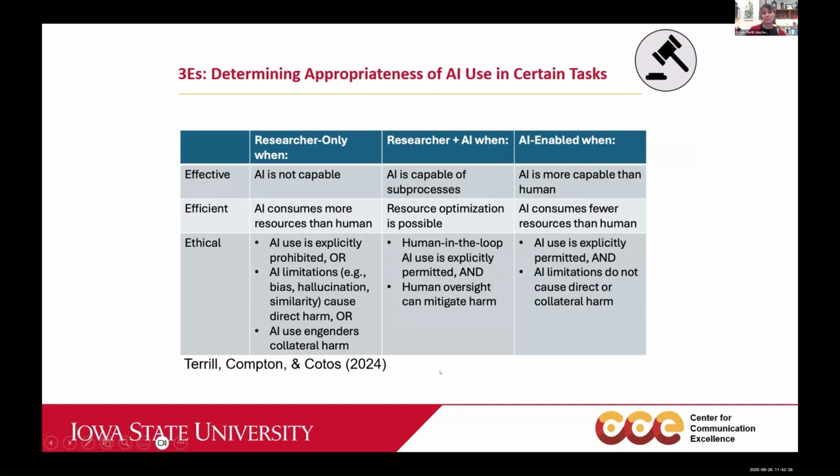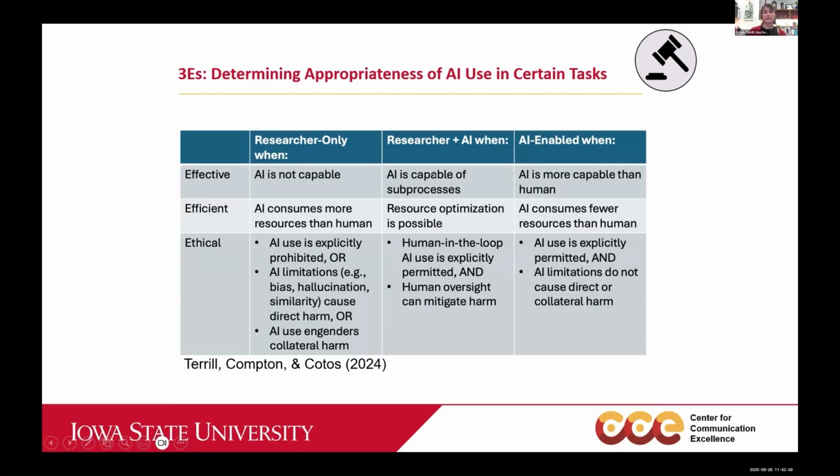So how can we determine the appropriateness of AI use in certain tasks, knowing that it has the limitation of bias? Well, you need to be able to describe the bias, understand in what direction it may be biased, drawing from everything you know about the training data and the way the algorithm works.